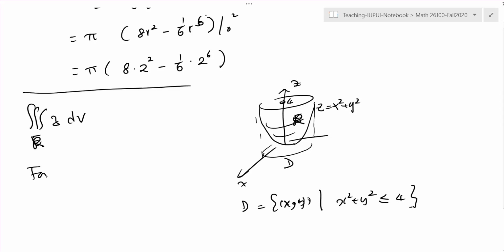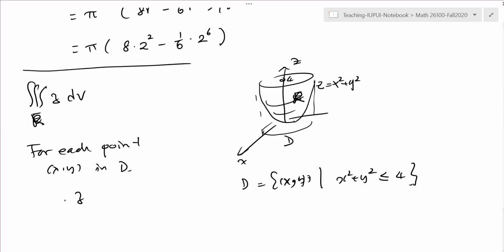For each point x and y in this D, the z variable runs along those vertical lines; the solid is occupied by those vertical lines. So you fix x and y, but you need to know the upper bound and the lower bound for z.